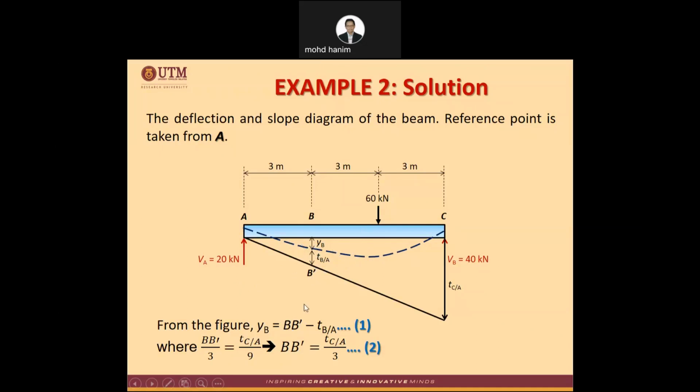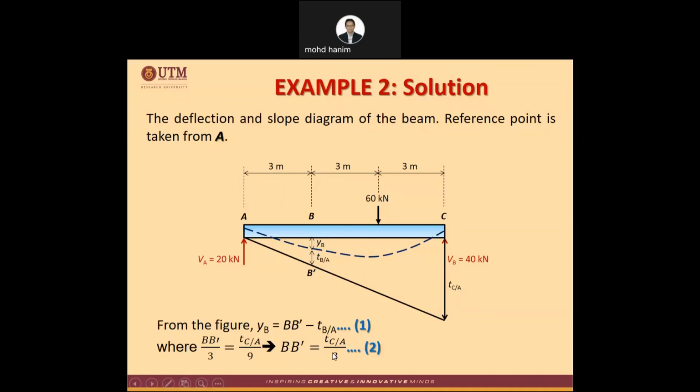Okay, so now, what is the mathematical relationship? YB equal to BB dash minus TBA, the same equation. But in this case, BB dash is equal to 1/3 of TCA, or BB dash equal to TCA over 3.